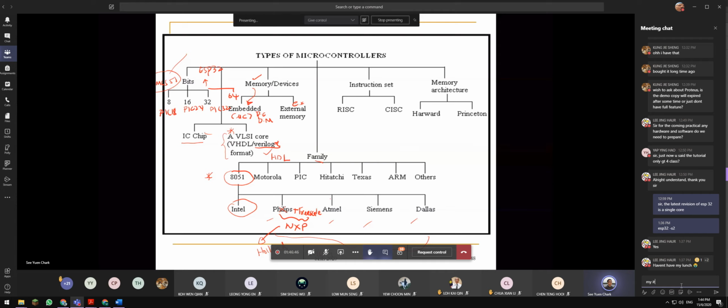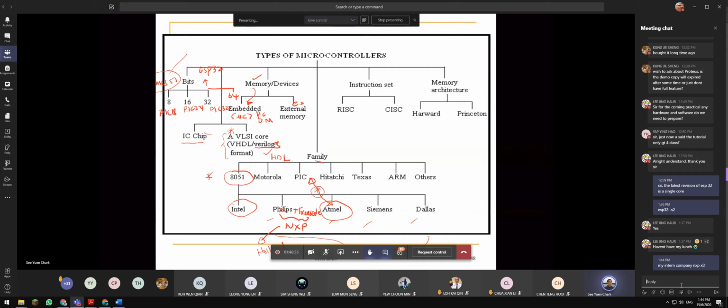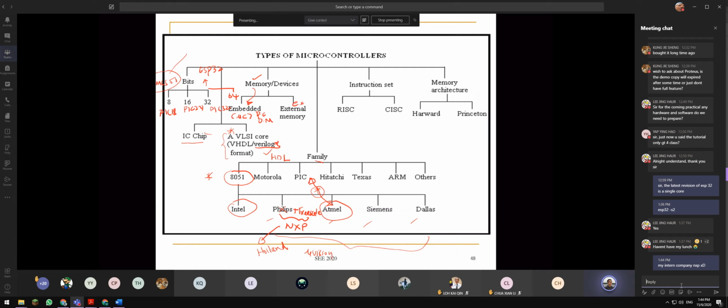NXP. Atmel was very popular those days, and it was bought over by Microchip. So there are so many changes. Microchip merged with Atmel. Atmel those days also came out with 8051. The popular one was the 89S8253, and AVR is also very popular from Atmel.